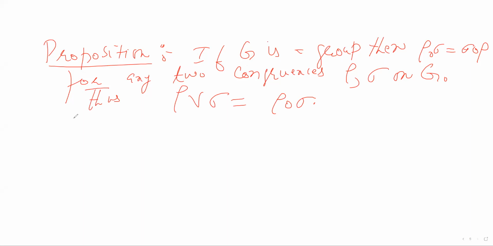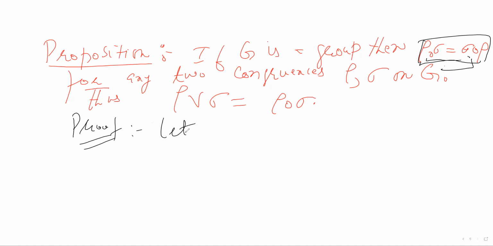Now, see the proof. For semigroups other than groups, this property is not in general true. To show that these are the same, we just have to show that this is contained here and this is contained here. Let (A, B) belong to rho composition sigma.